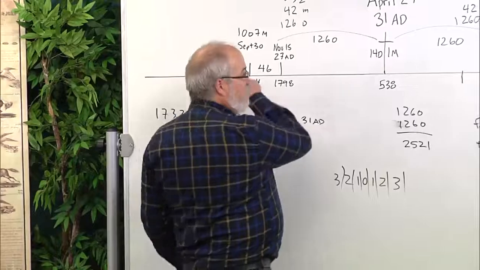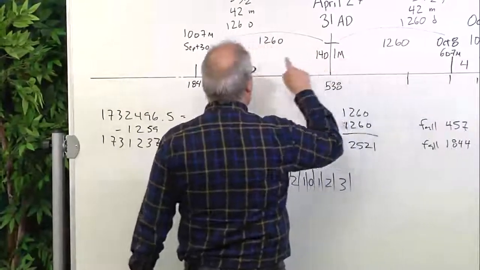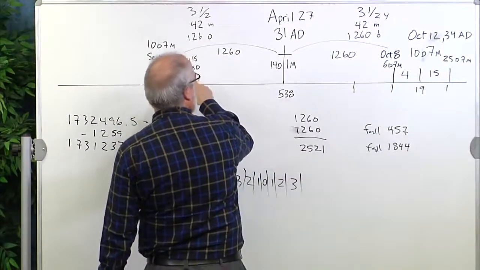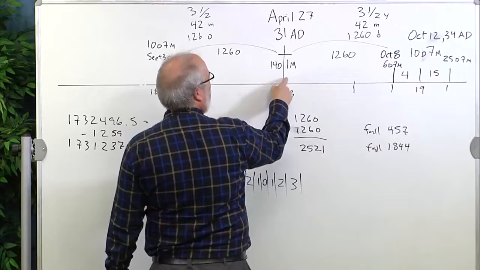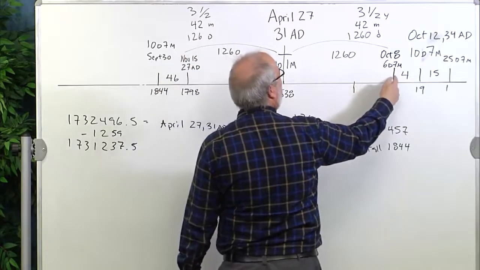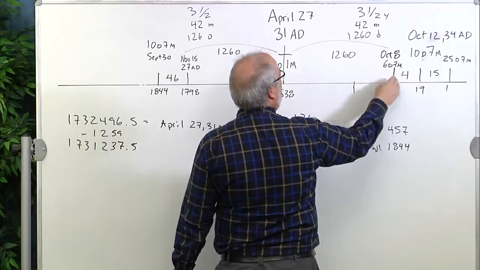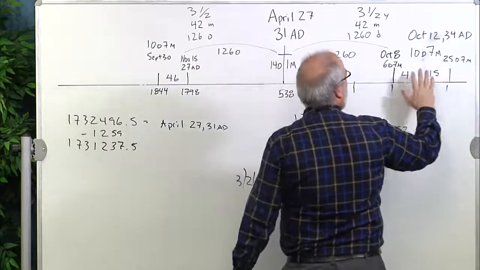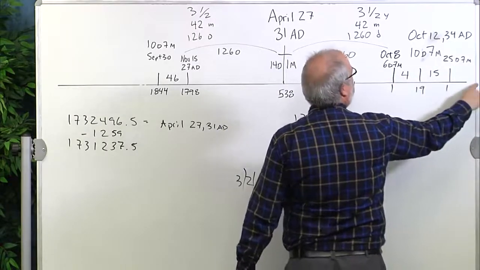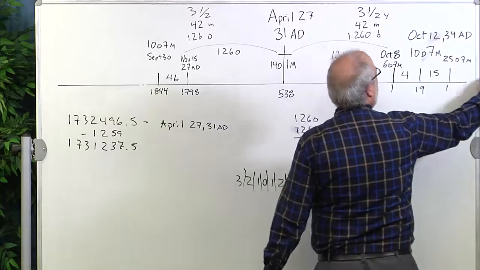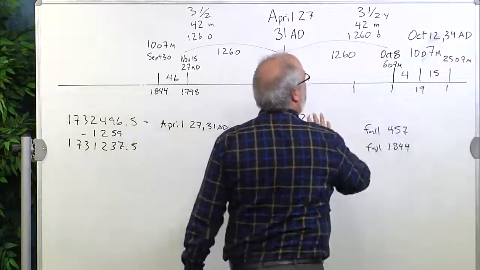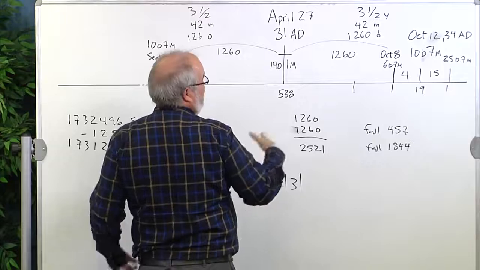But I can't make it go this way. I can't start over here at 723, this being 538 AD, and this being 1798, because if I did, this wouldn't work. I'd have to put 46 years over here, and I'd have to put 19 over here, and it doesn't yield anything interesting. Now, we could try that.